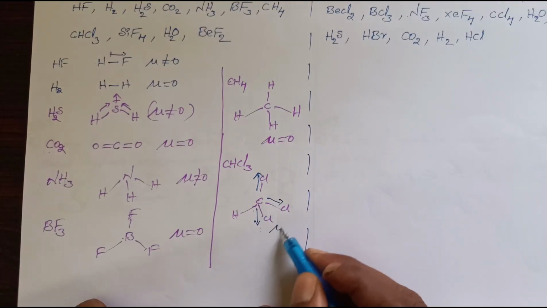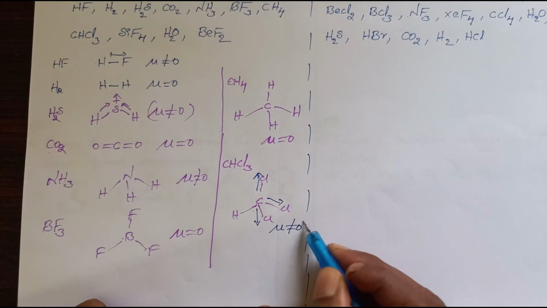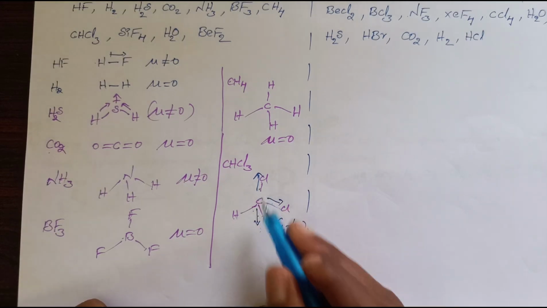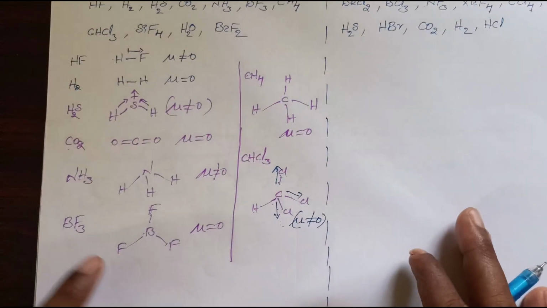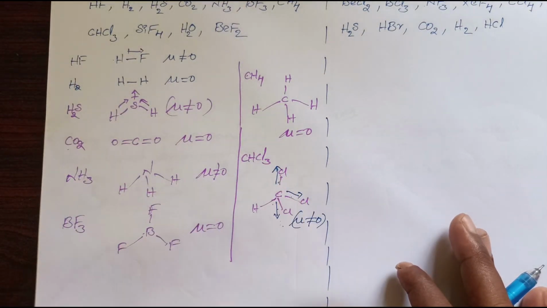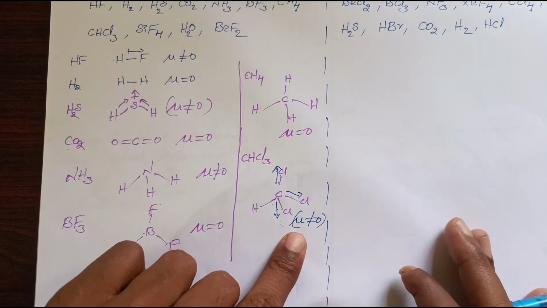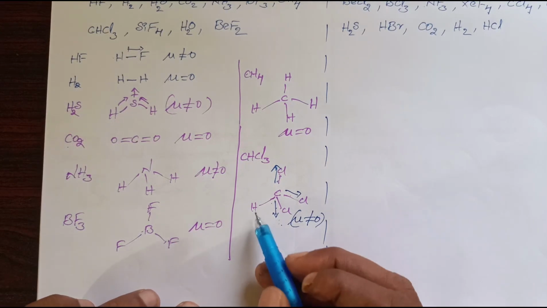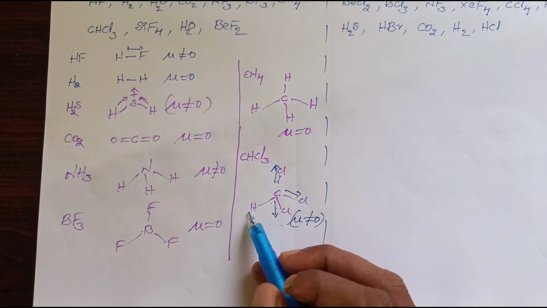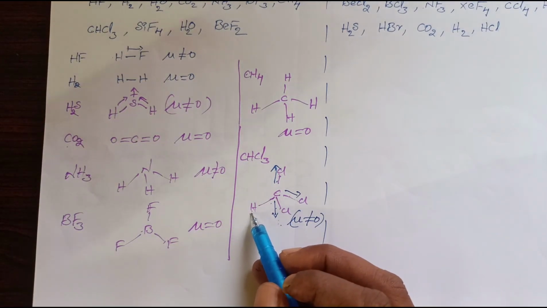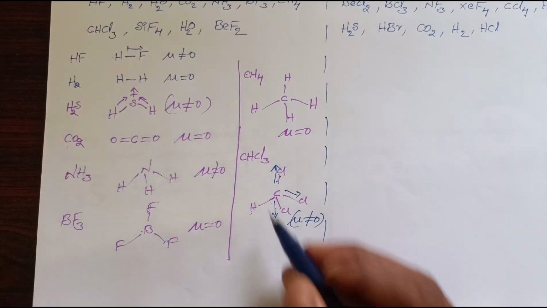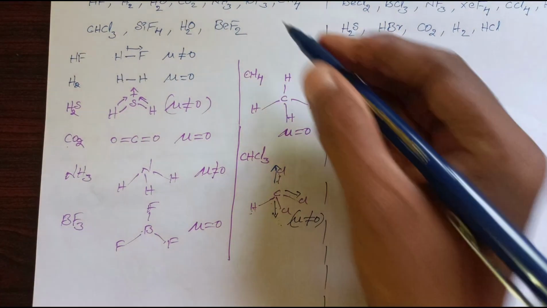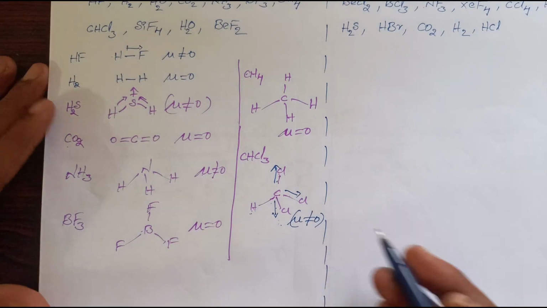So net dipole moment value something is existing, that is not equal to 0. Cancellation is not possible. All are different planes, not same plane, not like boron trifluoride. They are existing in the different plane, that's why dipole moment value not equal to 0. If it is chlorine in the place of hydrogen, dipole moment equal to 0 because surrounding atoms are same, like CH4. So chloroform dipole moment value not equal to 0.